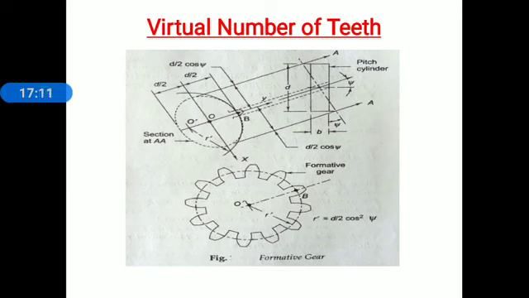The intersection of plane AA and the pitch cylinder produces an ellipse, and this ellipse is shown by the dotted lines. Now observe the ellipse shown by the dotted line. There are two axes of the ellipse, semi-major axis and semi-minor axis. Semi-major axis is d divided by 2 cos psi and semi-minor axis is d by 2 respectively.